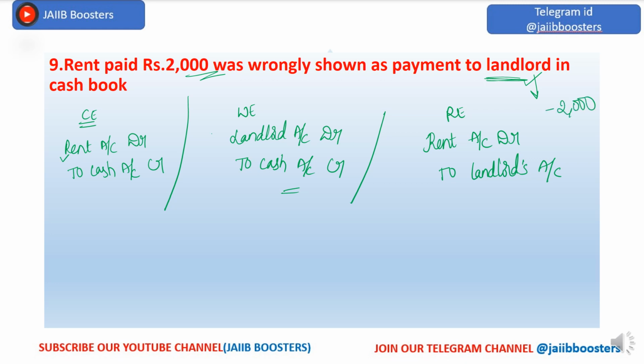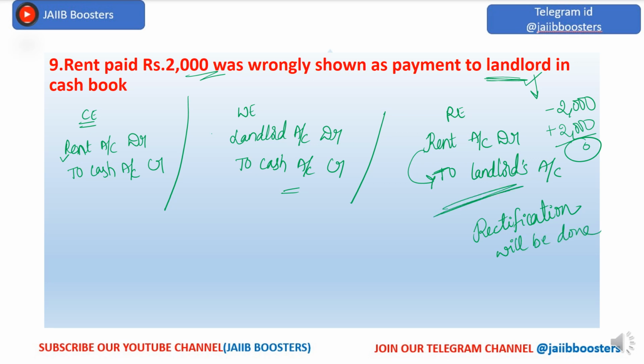So we have to debit the 2000 to the rent account and we have to credit it to the landlord account. Then it can be balanced and rectification will be done. So this is going to be our rectification entry.